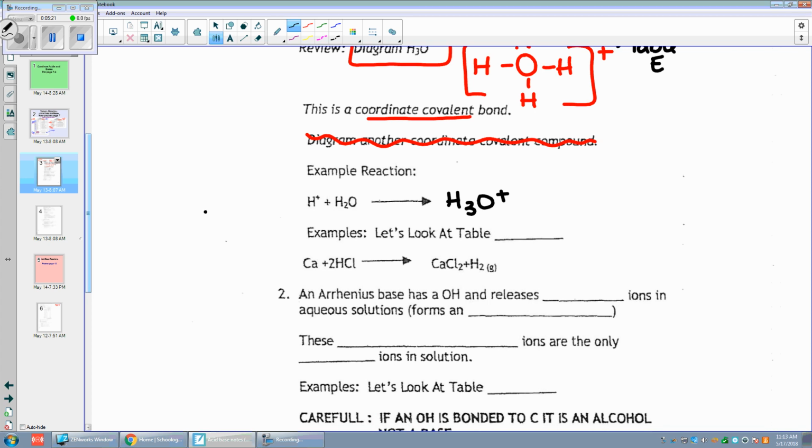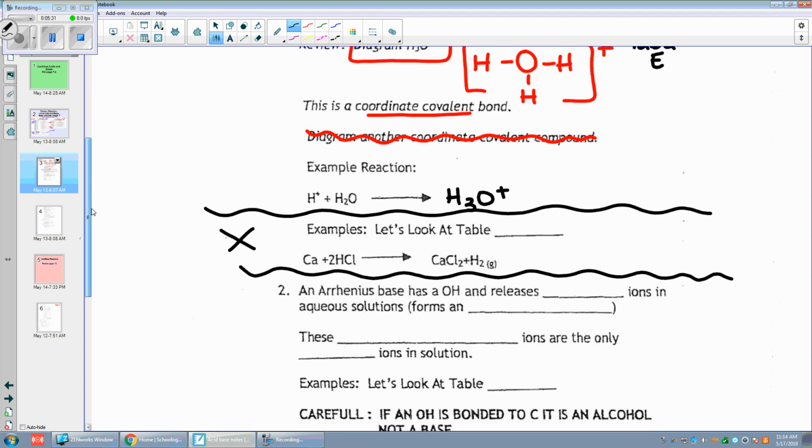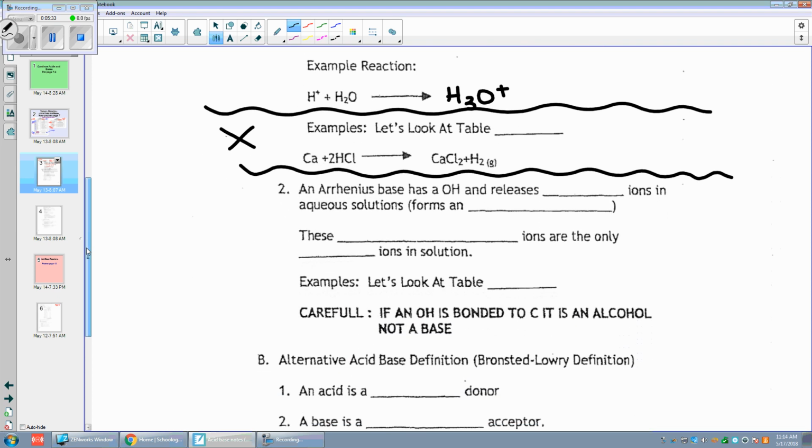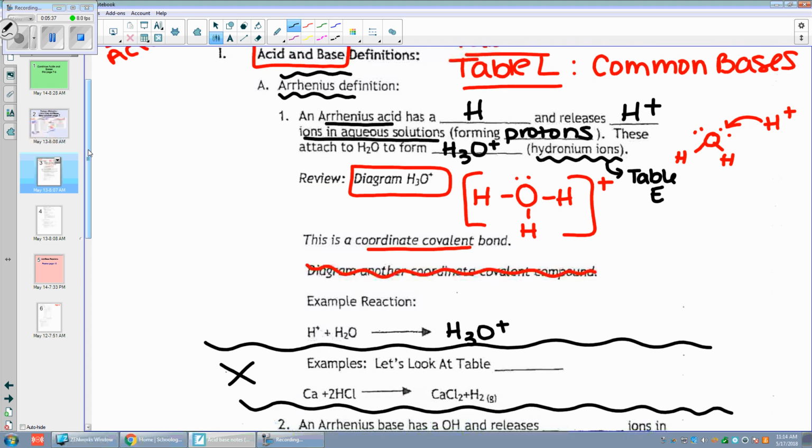This section, I'm going to actually leave blank right now. Don't do that right now. We're going to talk about our bases. Oh, wait, go back to your acids. I want to put on the side: acids, big takeaway. Acids, you're going to look for H plus or H3O plus.